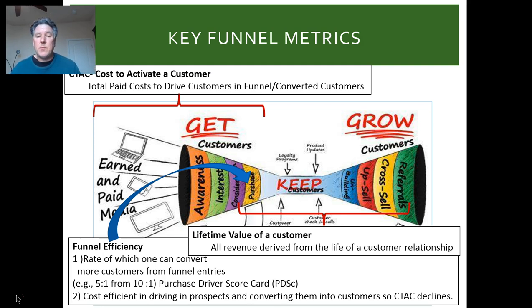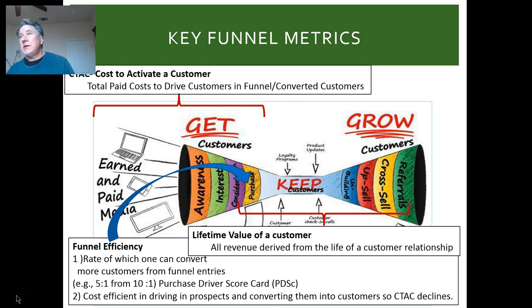And we as marketers look at our activities that we're paying for, and what we look at is a concept that they use in the startup world, but anyone who's working digital knows it's the cost to activate a customer, which is the total paid cost to drive customers into the funnel and ultimately to convert those customers. So that is a very, very key metric. And if you have a very, very efficient funnel, then what you're seeing is your CTAC will go down significantly.